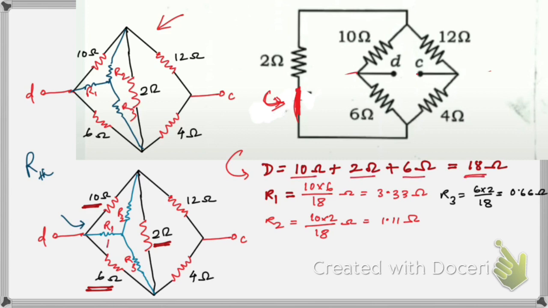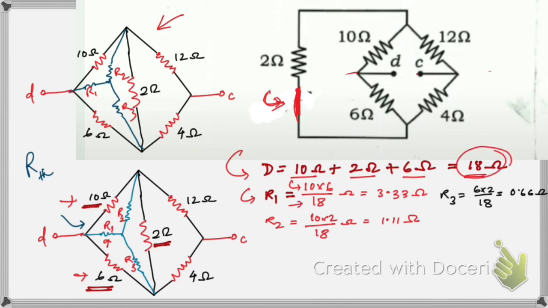Then let's find R1. How to find R1? R1 is between 6 and 10, so R1 equals 6 into 10 divided by D, that is 18.